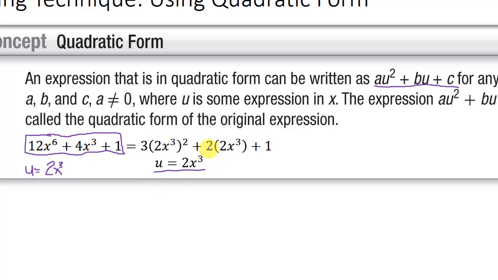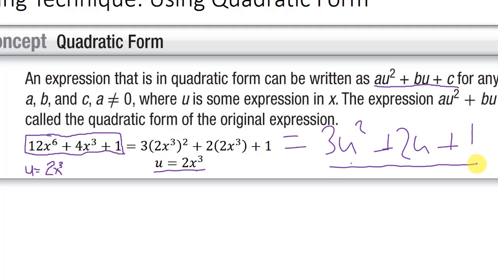And then the second term, 2 times 2x to the 3rd becomes 4x to the 3rd. So this begins to follow that pattern: 3 times u squared plus 2 times u plus 1, where u is equal to 2x to the 3rd. And that is what we would factor as a quadratic. Then we would go back in the end and resubstitute in for x.